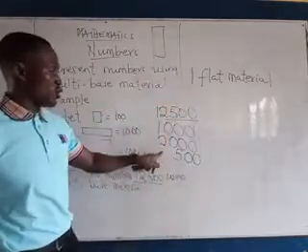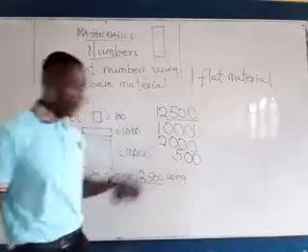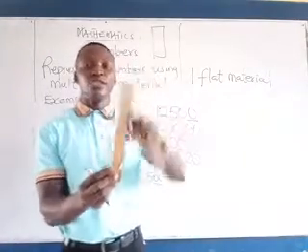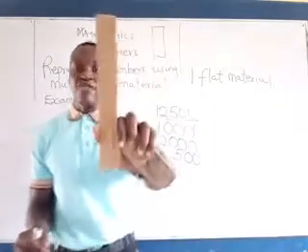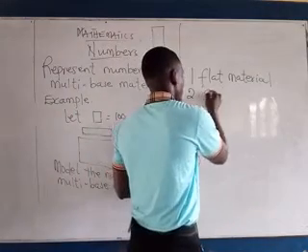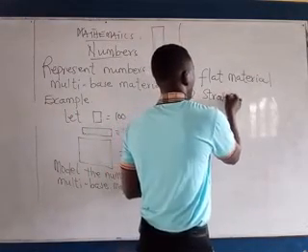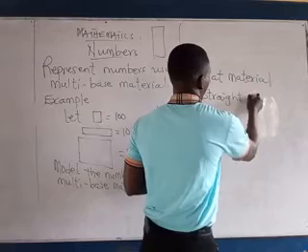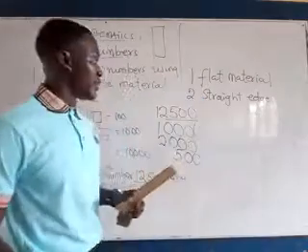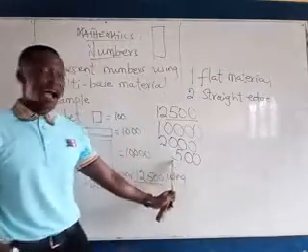Then I also have 2,000, and 1,000 is our straight edge. So I will need 2 of this straight edge.